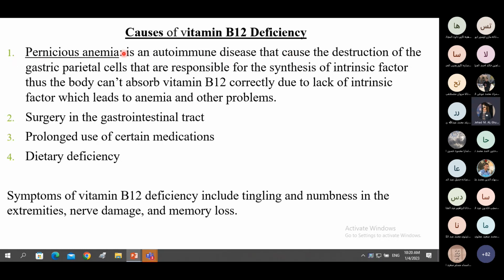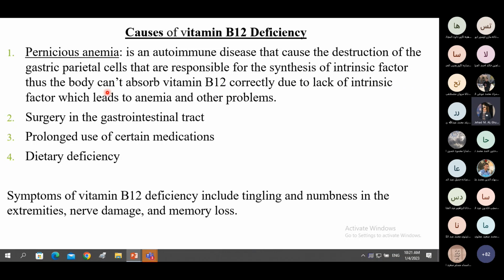In pernicious anemia, the immune system in those patients destroys the parietal cells in the stomach. Thus, these cells won't produce the intrinsic factor. This is why the body of these patients can't absorb vitamin B12.